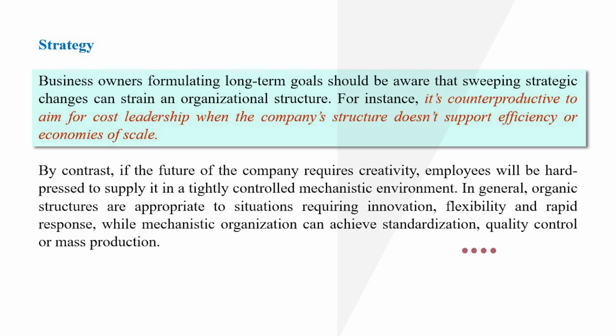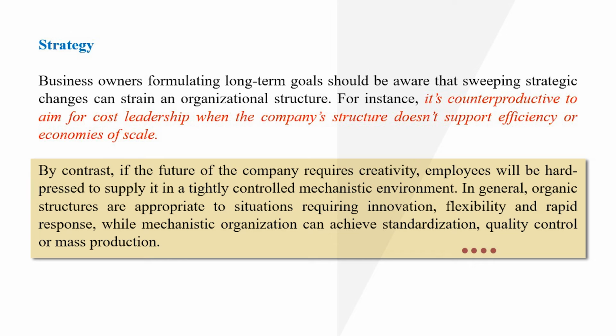5. Strategy. Business owners formulating long-term goals should be aware that sweeping strategic changes can strain an organizational structure. For instance, it's counterproductive to aim for cost leadership when a company's structure doesn't support efficiency or economies of scale.